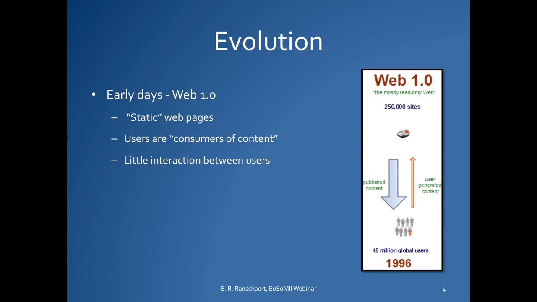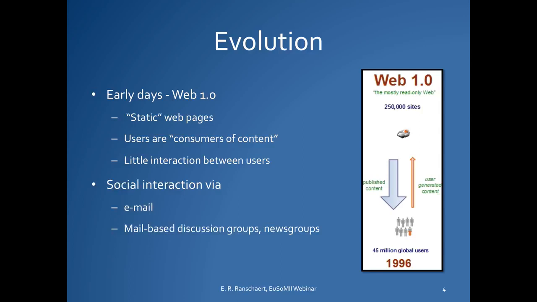The web hasn't always been the same as we know it now. In the early days, when we talk about the Web 1.0 period, the internet was much more static. The users were mainly consumers of content, and there was very little interaction between users, or much less than we know it now.